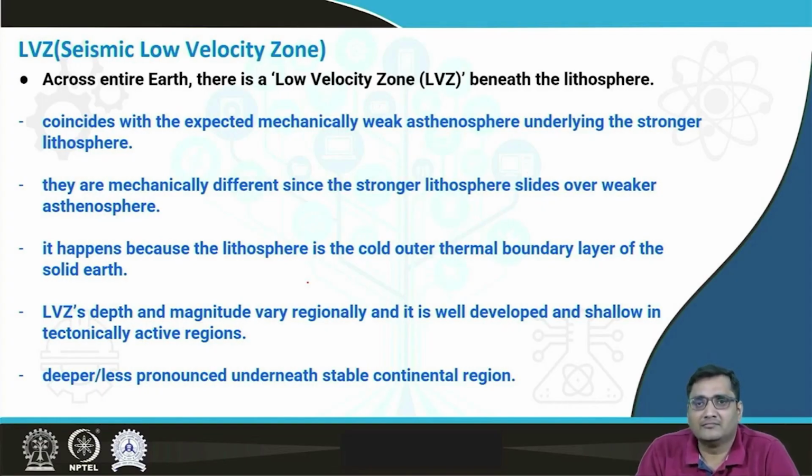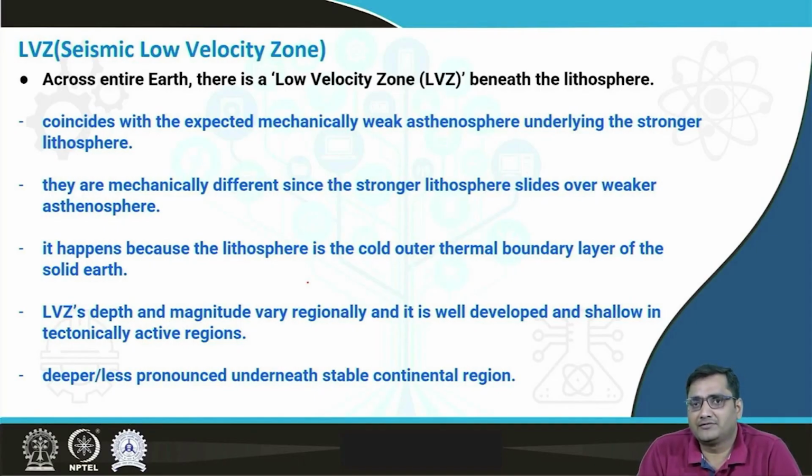You can understand that the asthenosphere is kind of fluidic in nature, and the lithosphere is solid in nature. So the solid part floats onto the asthenosphere, and they are mechanically different.